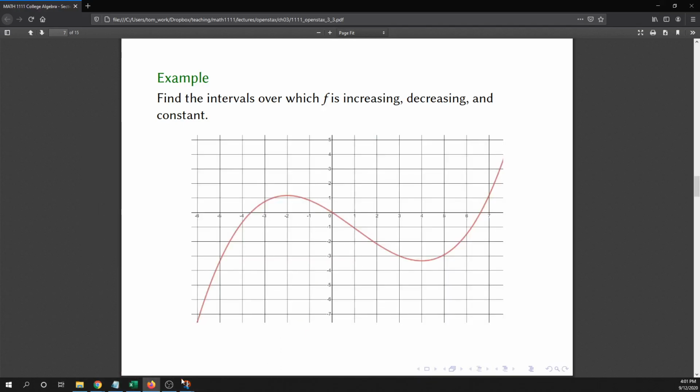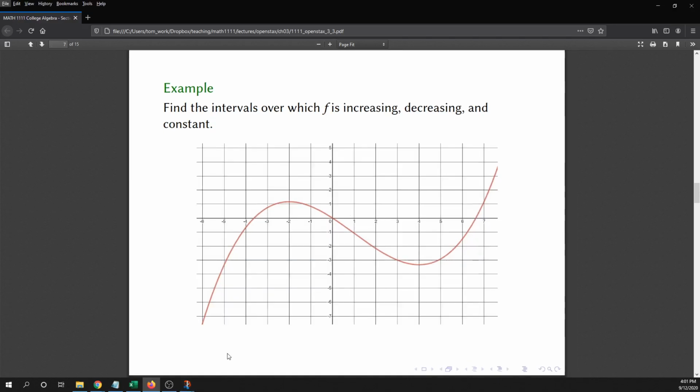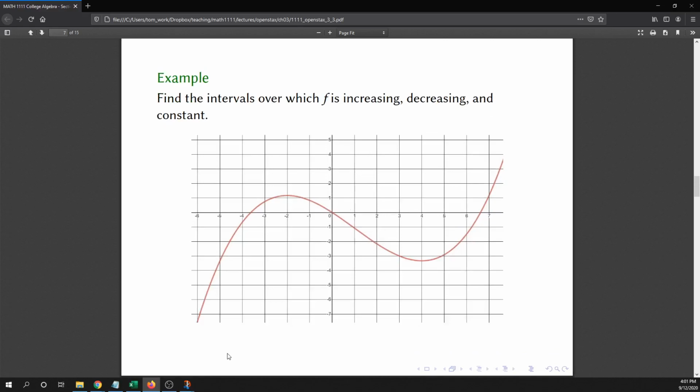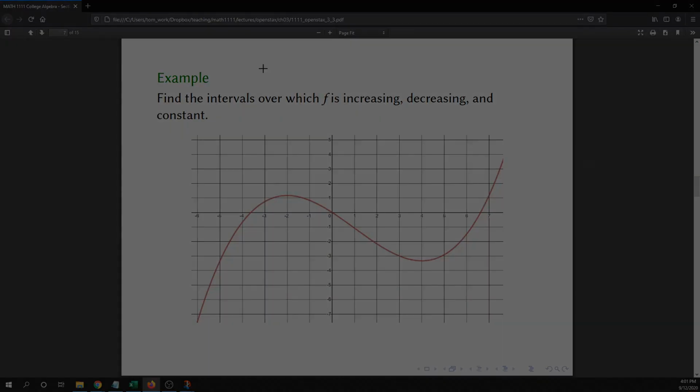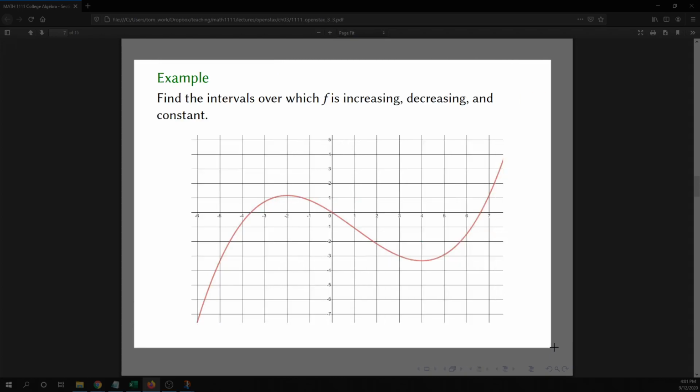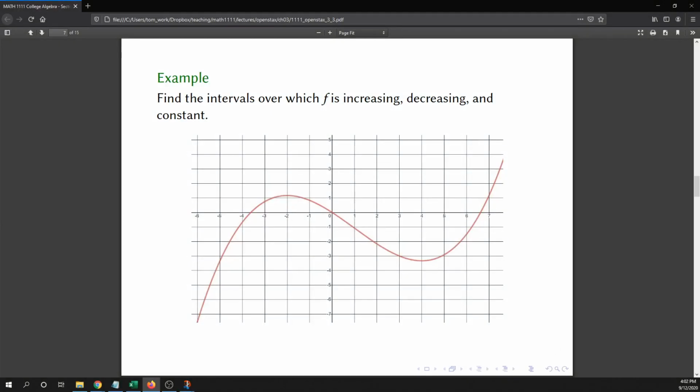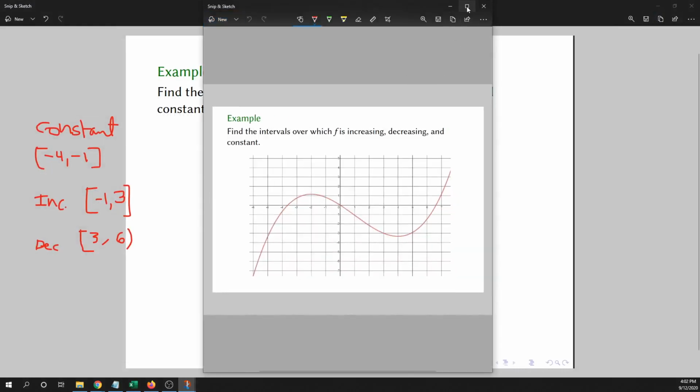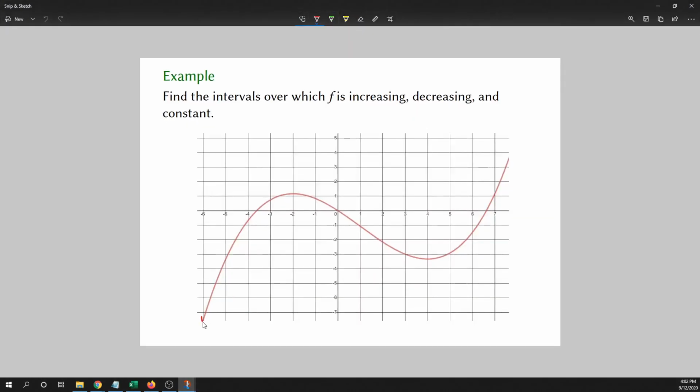I guess it's my graph that needs the arrows, so let's do Alt-Shift-W. On this example, again, I should have arrows here. I do not. So I should have arrows drawn on there like that to indicate that it just keeps going up forever like that.